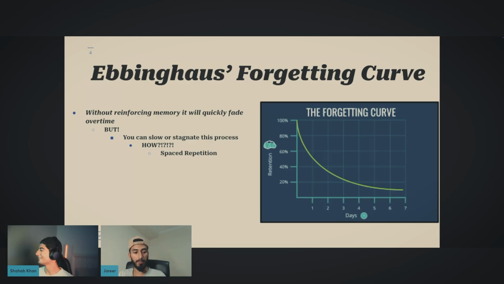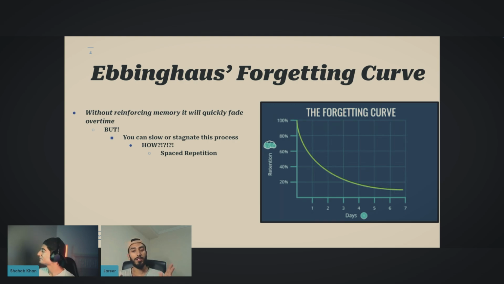What's on the y, which is the variable that's going to change, is your retention of the information, and time is going to be on the x-axis. Now what's going to happen over time is your memory is actually going to decay or decrease. So if you're not constantly reinforcing information at certain intervals, like here, here, and here, you're actually going to forget that memory over time.